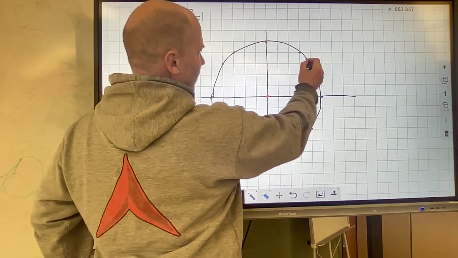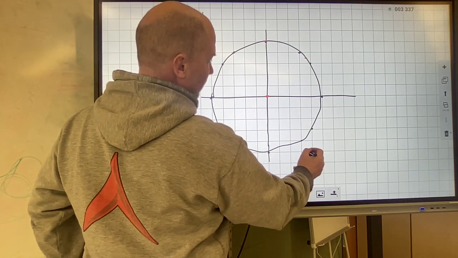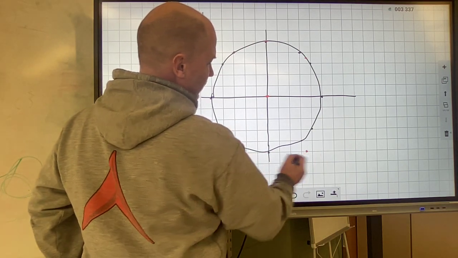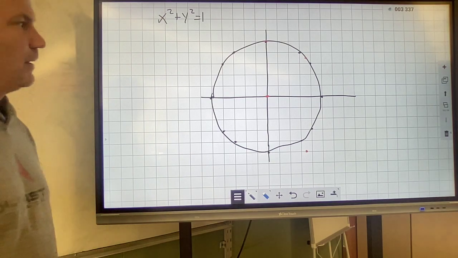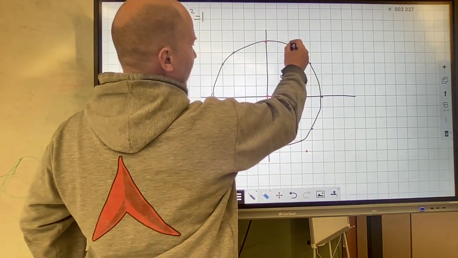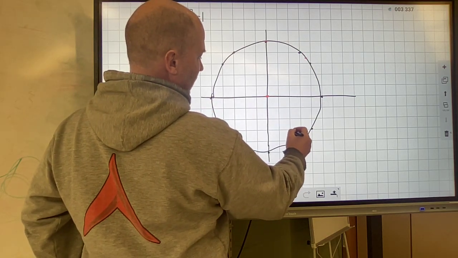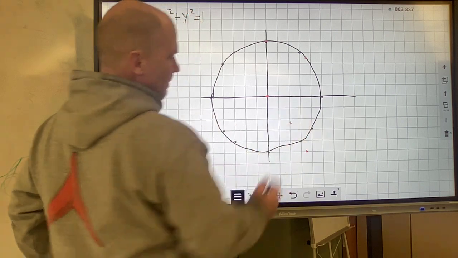Over here we look and we go, hey, that looks like a slope of -1. And -1 is going to be right about here because that's got a radius of 1. The slope here is negative and less than -1, so maybe it's like here-ish.